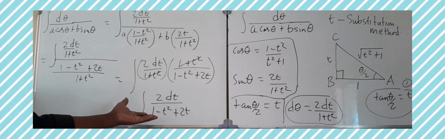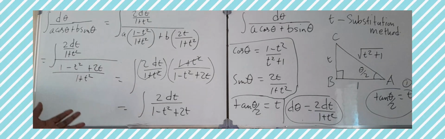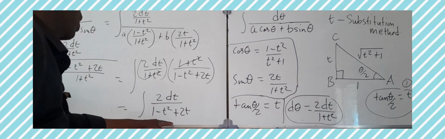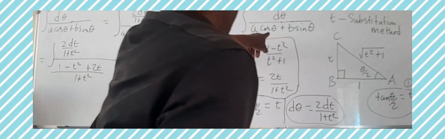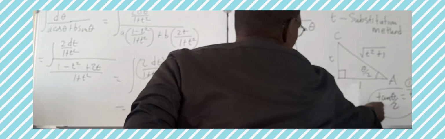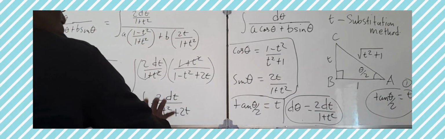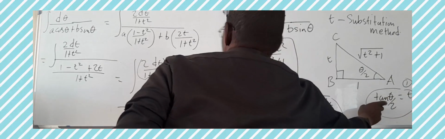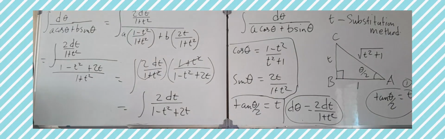One can complete the square and end up with something perhaps in the form of ln t. But when you have completed the integration, you have to revert back to your theta, remembering that your t is equal to tan of theta over 2. So whatever you get here in terms of t, remember to go back and replace your t with tan of theta over 2, and the integration is completed.